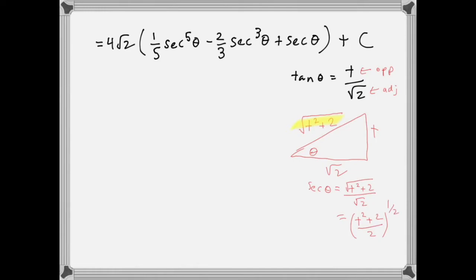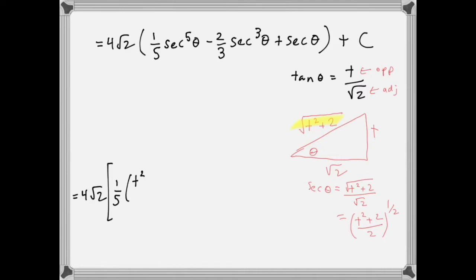Okay, so this is how I would write my answer. I would write it this way. Four root 2 times 1/5, and I'm going to raise that to the 5th power.